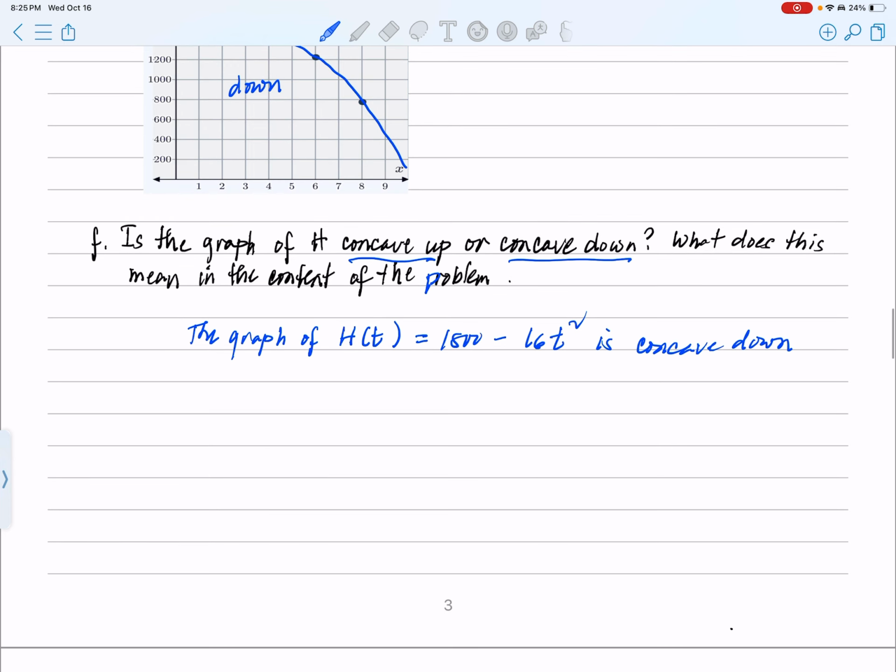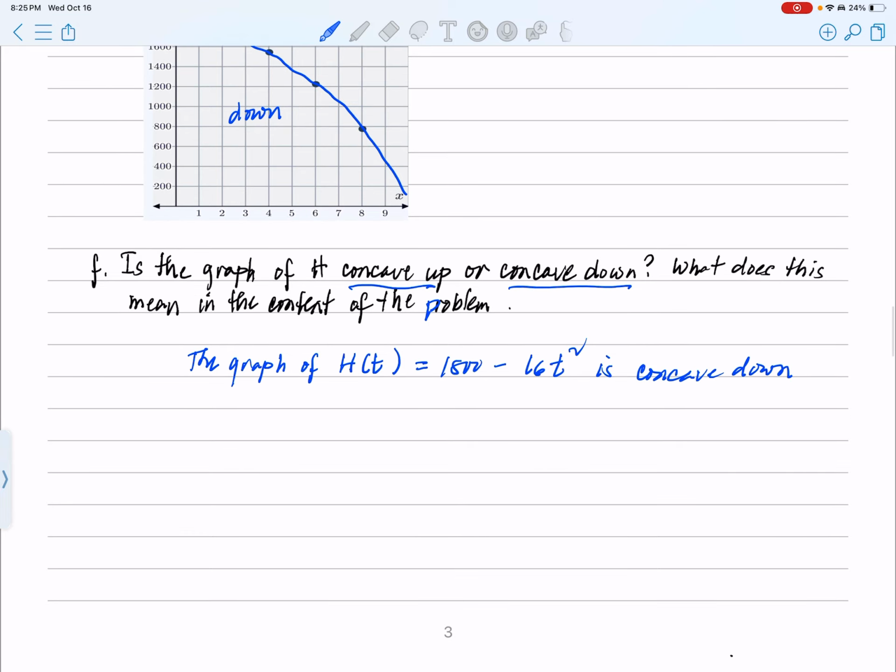One thing, if you're not looking at the graph, you're just looking at the function. Remember, I told you when the variable is to the second power, you could tell right away that the function is a quadratic function, right? When it's to the first power, of course, it's linear.